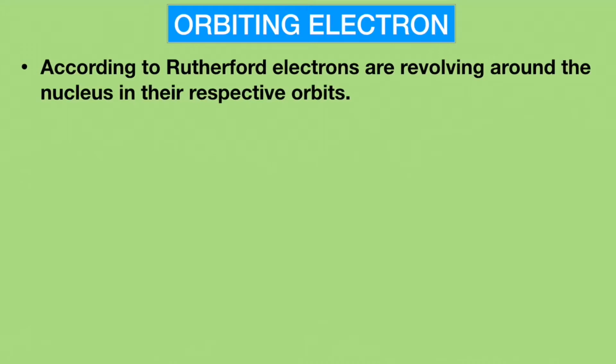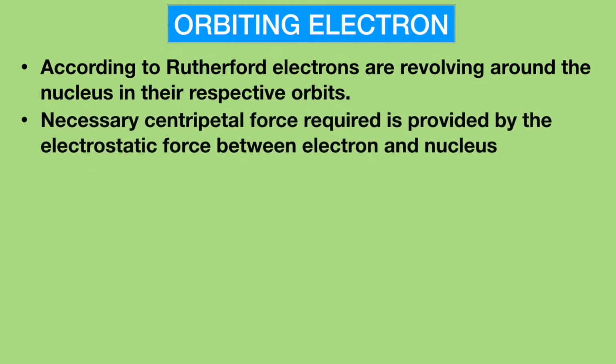Which force is responsible here? The nucleus is positively charged and electrons are negatively charged, so the force between the nucleus and electron is electrostatic force, and this force is attractive in nature. This force provides the necessary centripetal force.